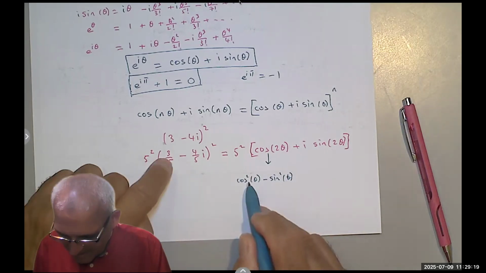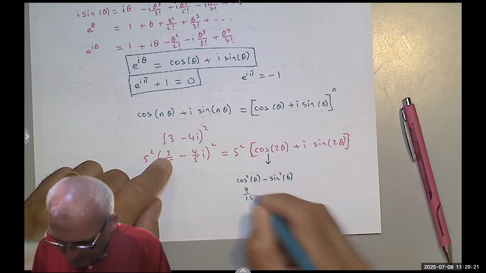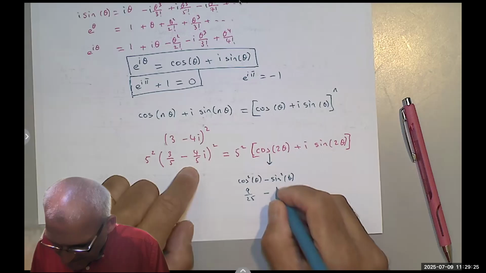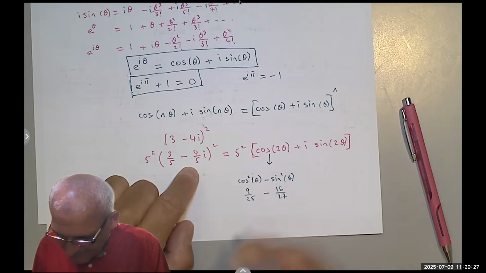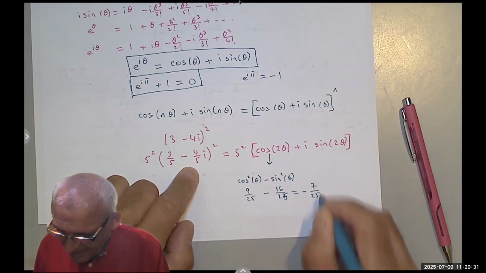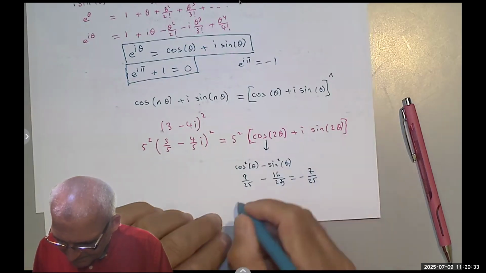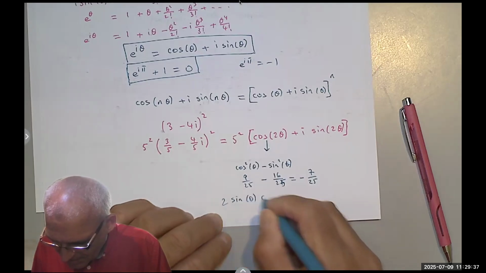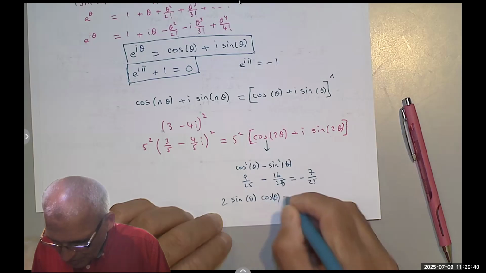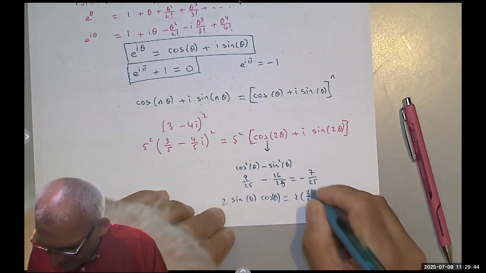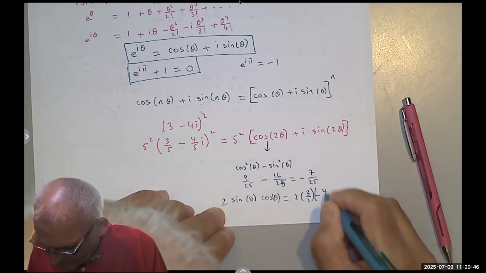Cosine square is 9 over 25 minus the sine square, which is positive now, minus 16 over 25, equals negative 7 over 25. And sine 2 theta is 2 sine theta cosine theta. So it's 2 times 3/5 times negative 4/5.